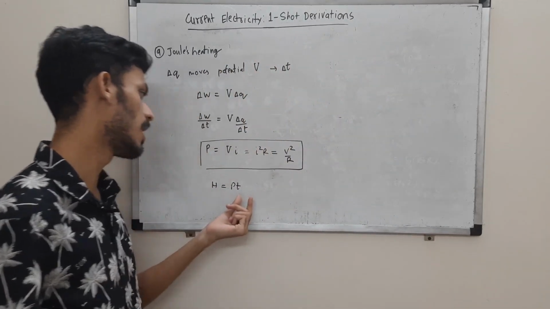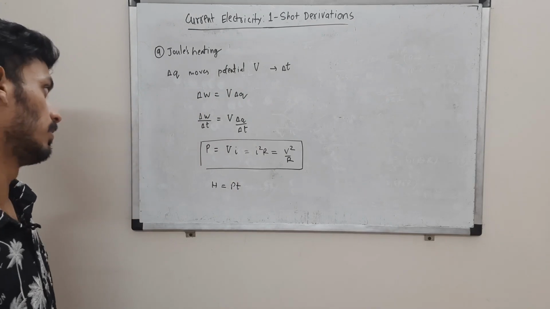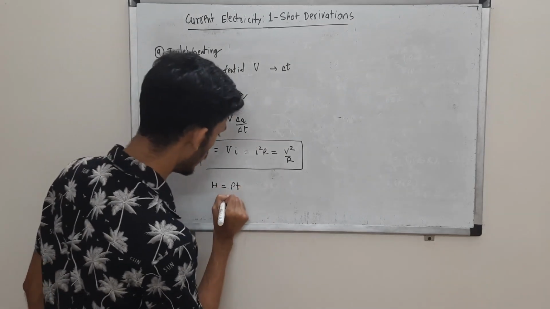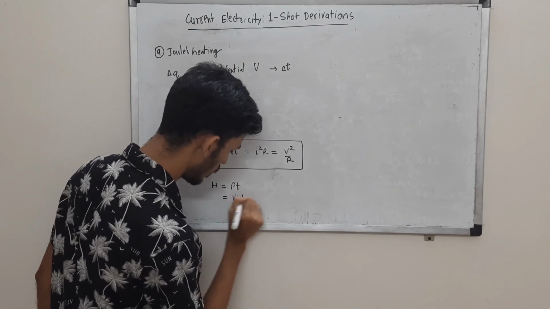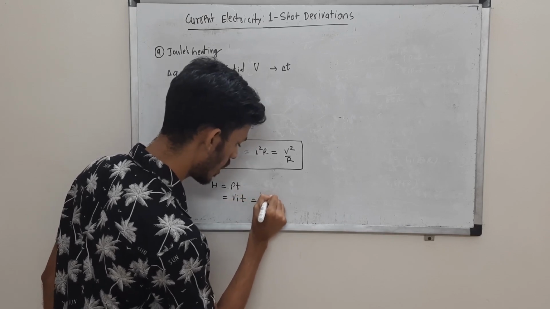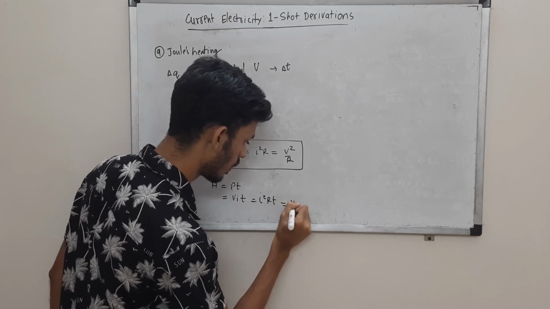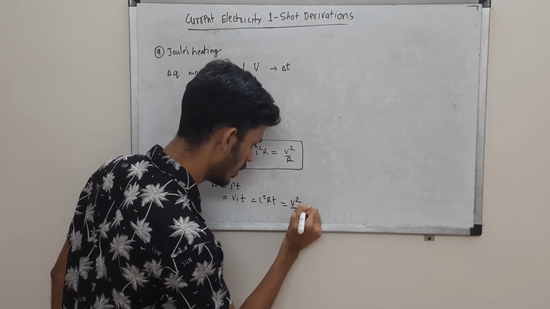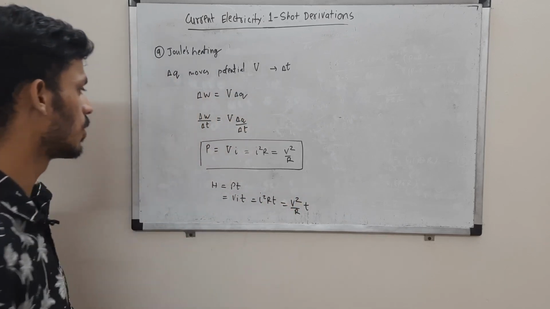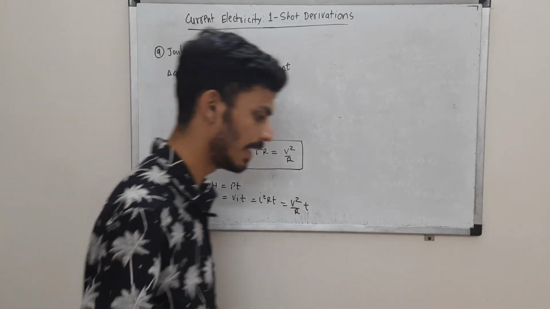So power times time will give you the heat. So you can say it is VIt, or I square Rt, or V square by R into t, whatever expression you want. So this is about Joule's heating.